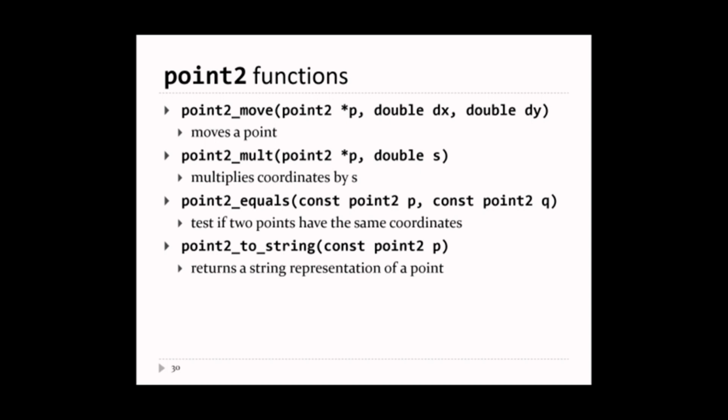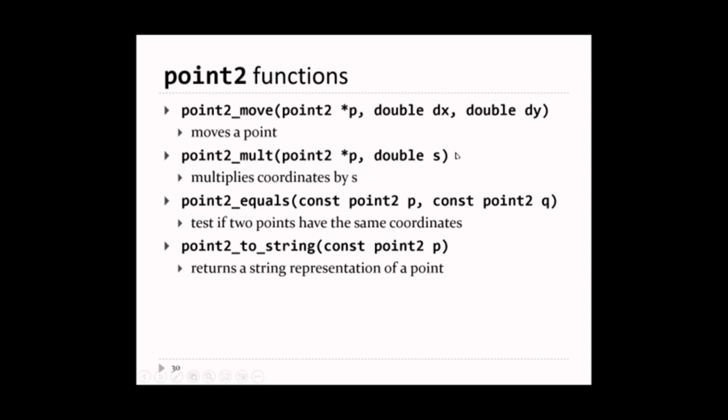If I don't pass in a pointer, then if I change the coordinates of P, the caller is not going to see changed values, because C uses pass by value, so when the caller passes in a structure, the structure gets passed by value. So in other words, P is a copy of the object that gets passed in. So I need to pass in a pointer instead.